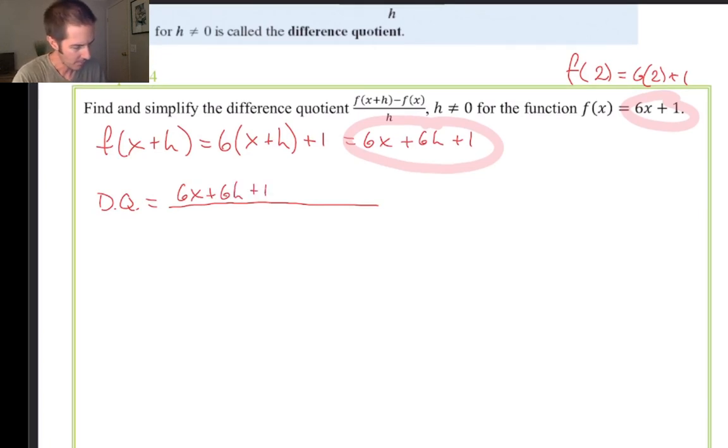And then there's a minus sign, and then after that comes f of x, and I'm going to put f of x in parentheses. It's a good idea when you're substituting one thing into another thing to put the new quantity in parentheses. And here that's very important. And the h is in the denominator.